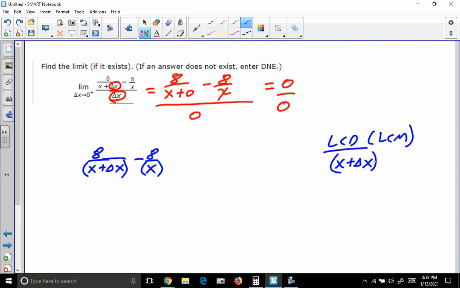This is not delta times x. Delta just means a change in x. So if we're going to be a multiple of this denominator, we have to have that factor also. So this is going to be our common denominator, x times x plus delta x. So we're going to rewrite both fractions using this common denominator.